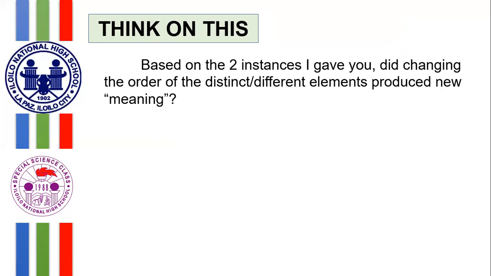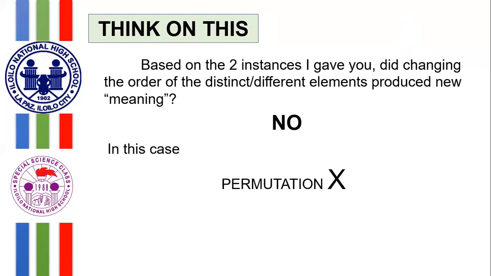Does order make a difference? And the answer is no. Because as long as the elements or objects are there without regard to order, then that is still valid. So in this case, since order does not matter, it is not a permutation.